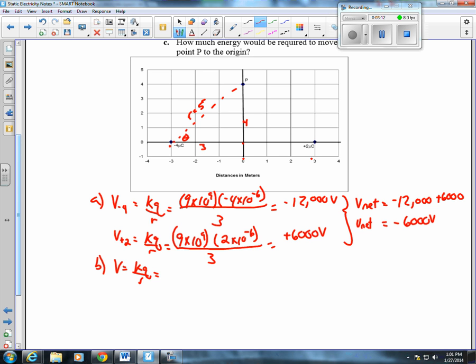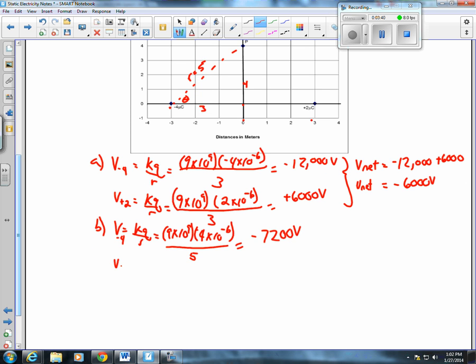For the -4 charge, we'll do that one first. So it's 9 times 10 to the 9th times 4 times 10 to the -6. I have to remember to make it negative, and then divide that by 5. That's going to give me negative 7,200 volts.